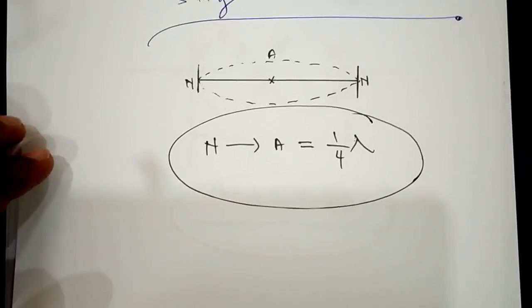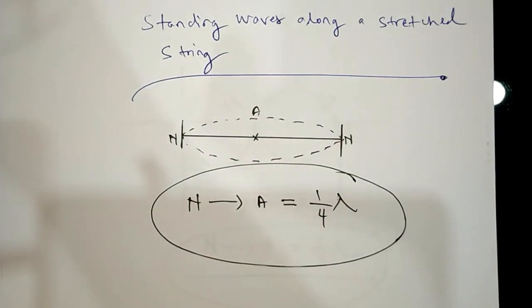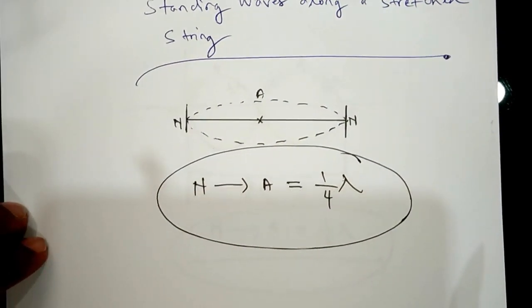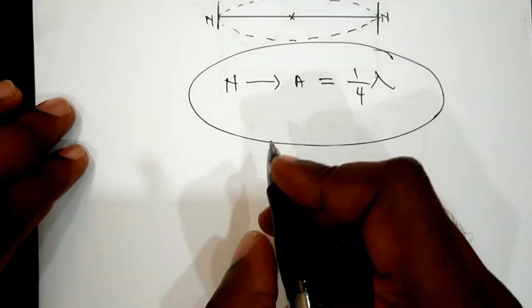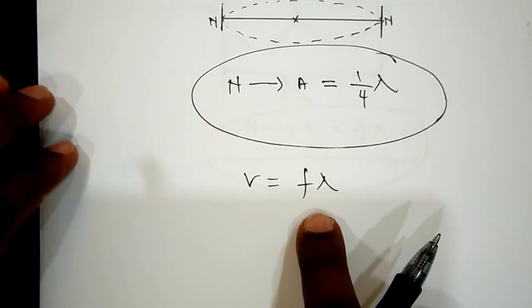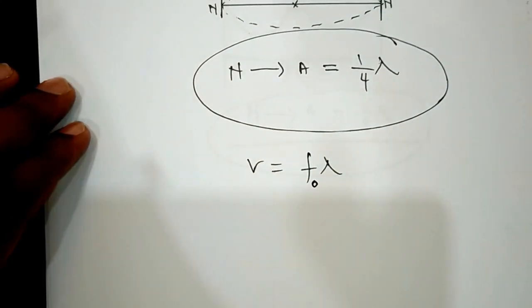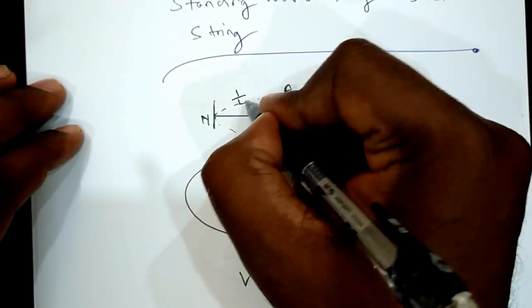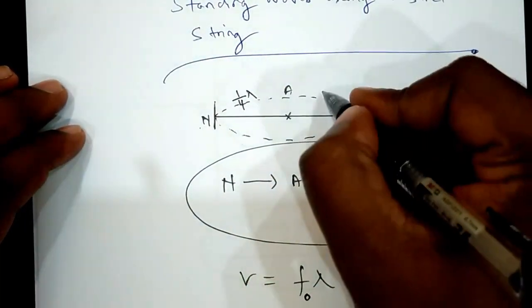So from the standing waves along a stretched string, we are going to find the fundamental mode or fundamental frequency. From v equals f lambda, this is the speed of wave propagation, the fundamental frequency. And for this stretched string we have quarter lambda, node to antinode to node, another quarter.